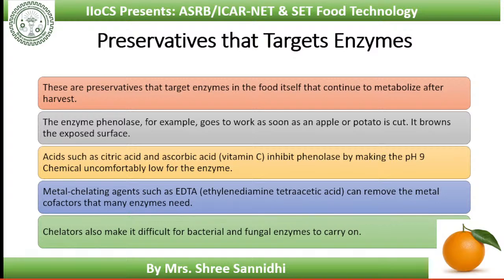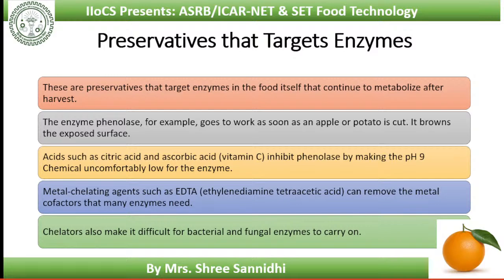Acids such as citric acid and ascorbic acid inhibit phenolase by making the pH chemically uncomfortably low for the enzyme. So what do these acids do? These acids basically reduce the pH, which is not favorable for the enzyme activity.